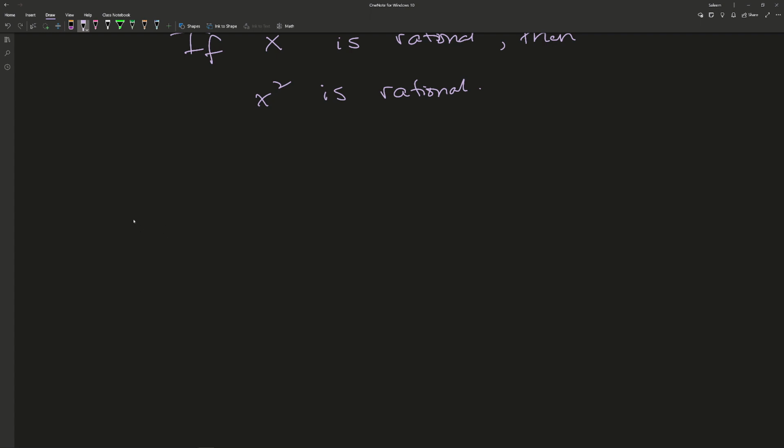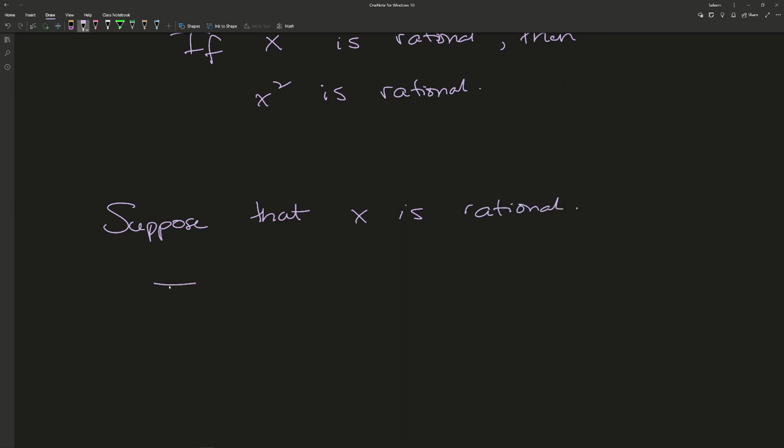So we can say, suppose. I remember we talked about these connectives in the previous lecture. We wouldn't use "given that" here, because we are not given anything. We are supposing that x is rational.